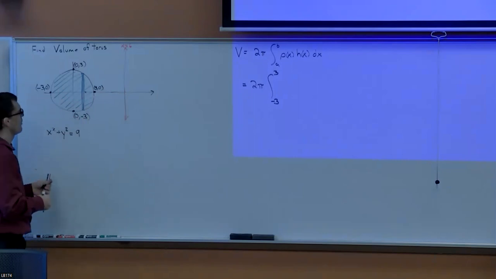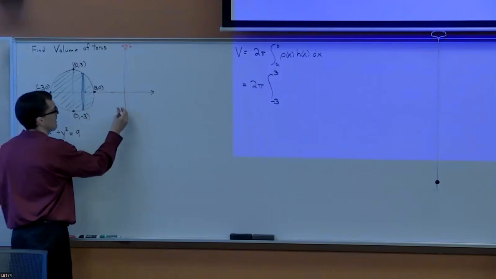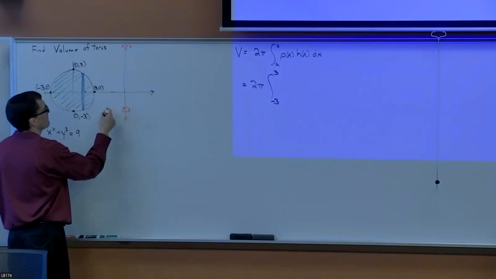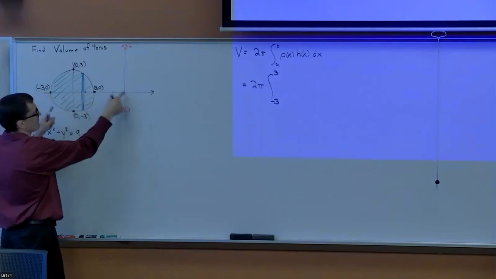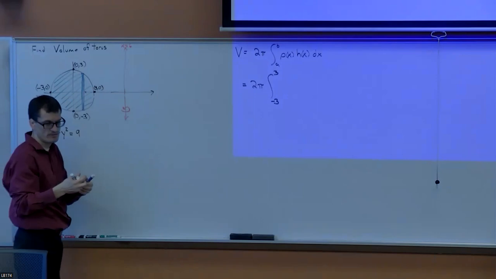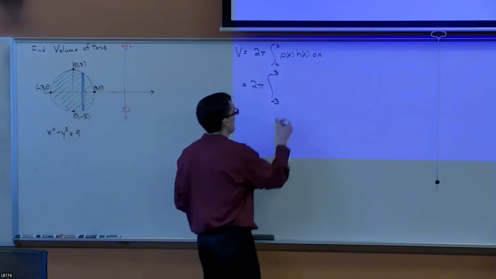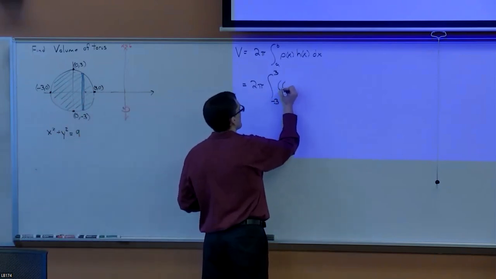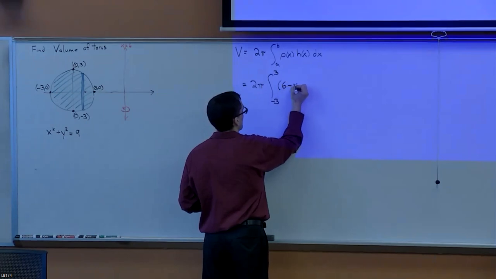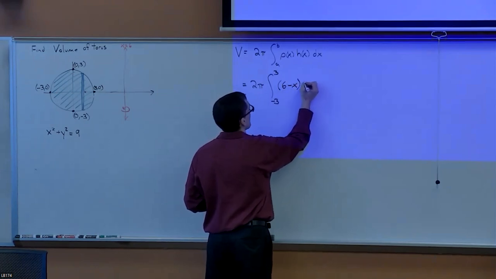So if I want a positive radius, since my region sits to the left of the line I'm rotating around, a positive radius can be found by taking 6 minus x.